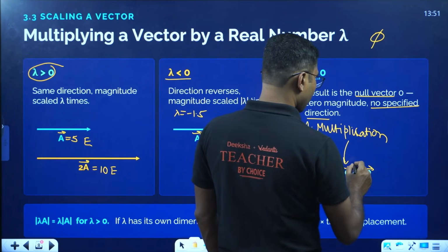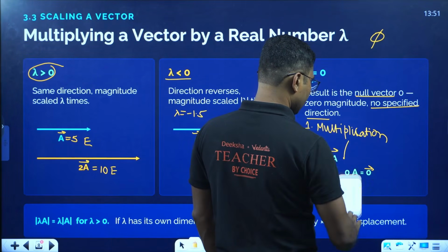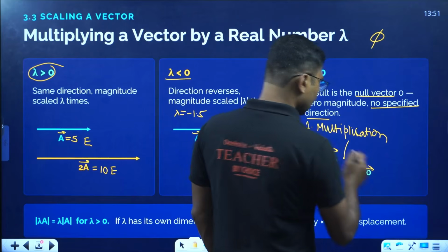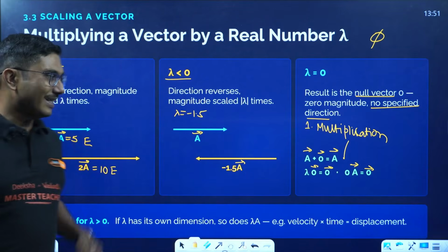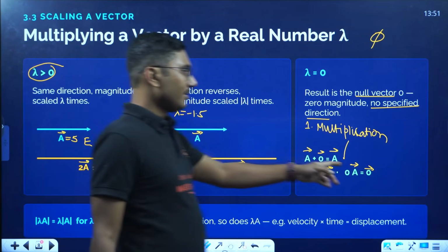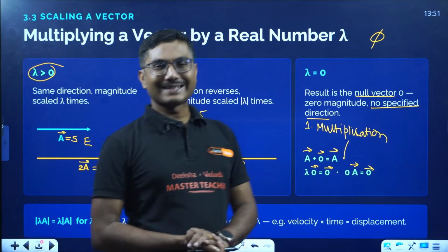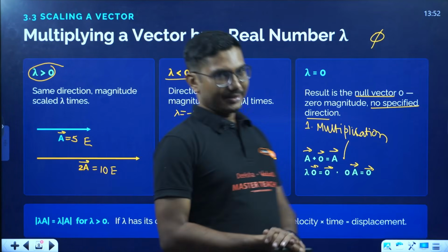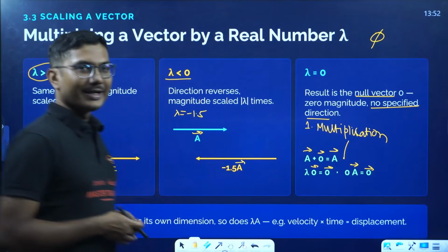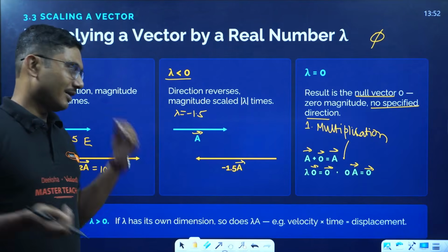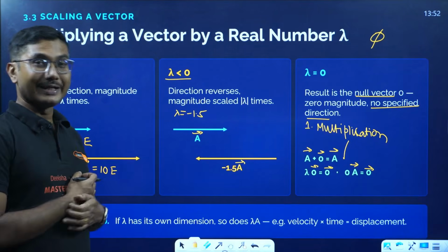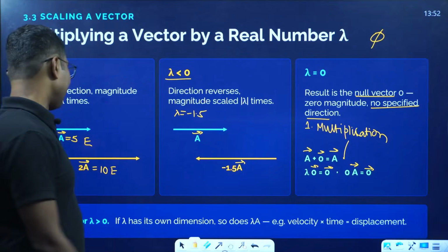This is an example of a 0 vector. This is a 0 scalar. This is a vector. So 0 times a vector gives you a 0 vector. A 0 vector multiplied by a scalar will give you a 0 vector. So a 0 vector is always something which has 0 magnitude, but it's still a vector quantity.